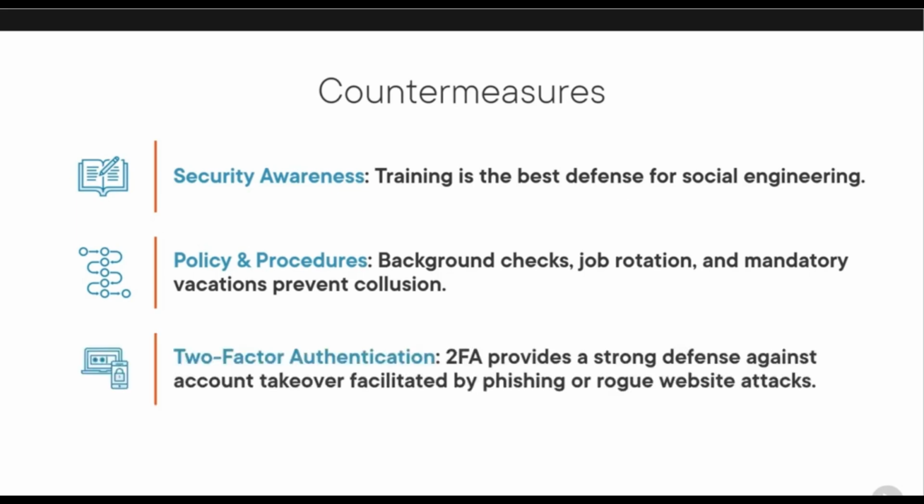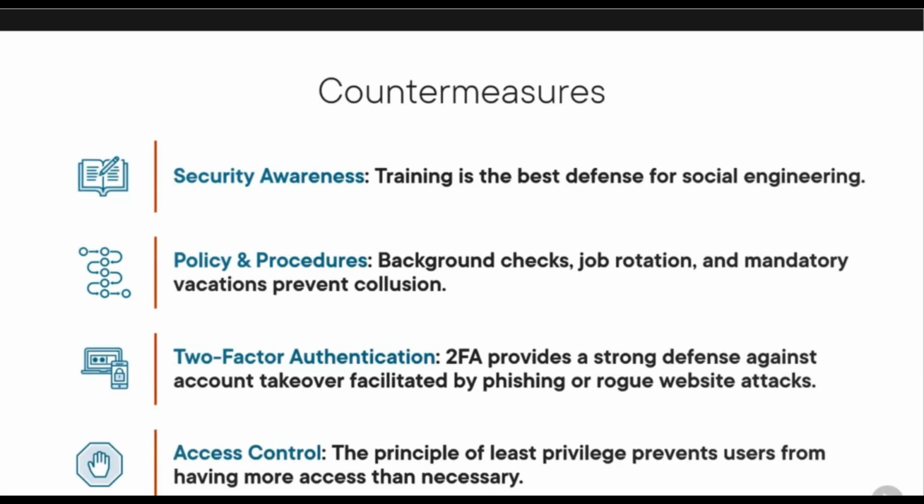In the event that your account is compromised, having a strong two-factor authentication mechanism for all of your accounts that support it may be the difference between a breach and a foiled attempt. It is a great defense against continually rising phishing and rogue website attacks. Lastly, every job role should be given permissions that are just enough to complete the necessary work.